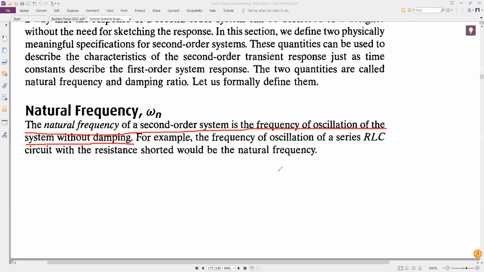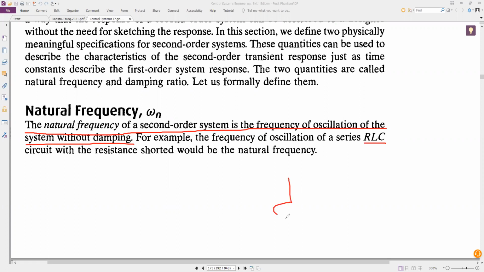That means without getting any resistance. That is the natural frequency omega n.